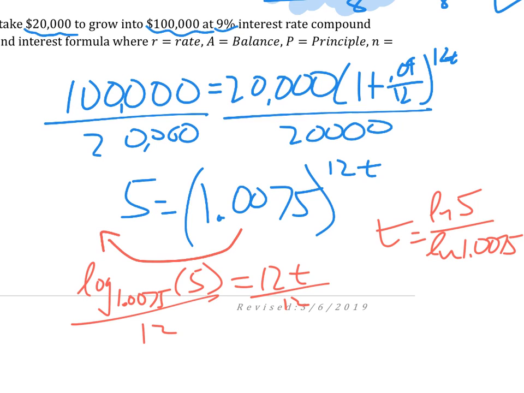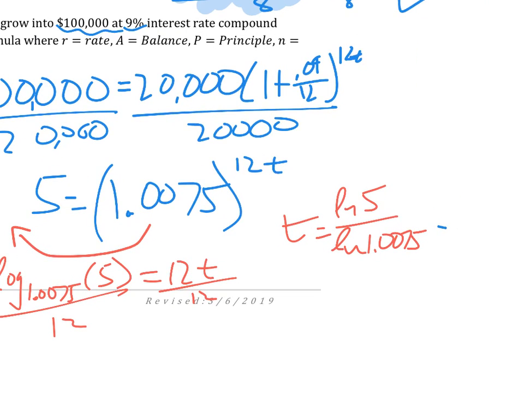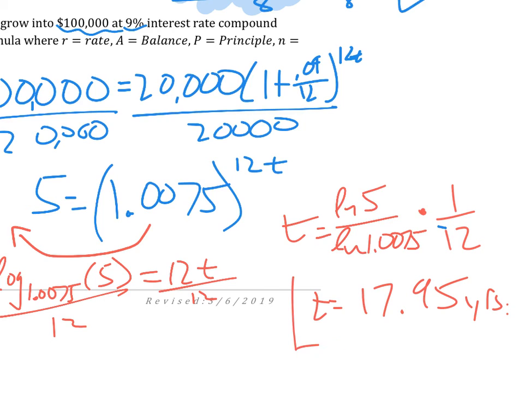There's our change of base formula. I've got that 12 on the bottom, so maybe I'll just go times 1/12, which is the same. Using the calculator, we get an answer of 17.949 or 95, and that is our time in years. So basically 18 years.